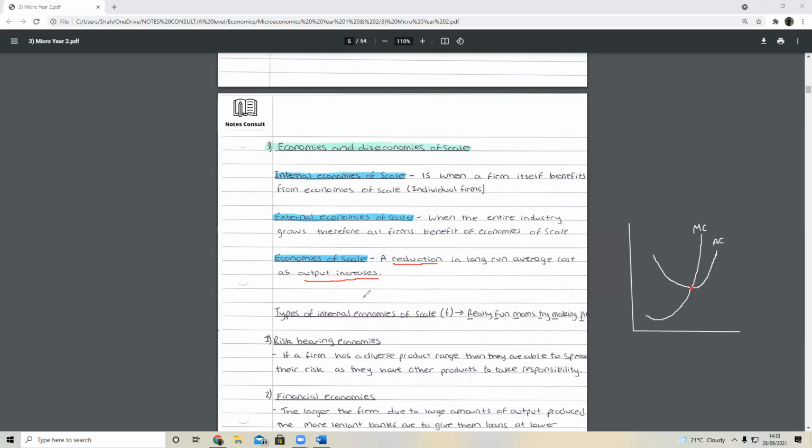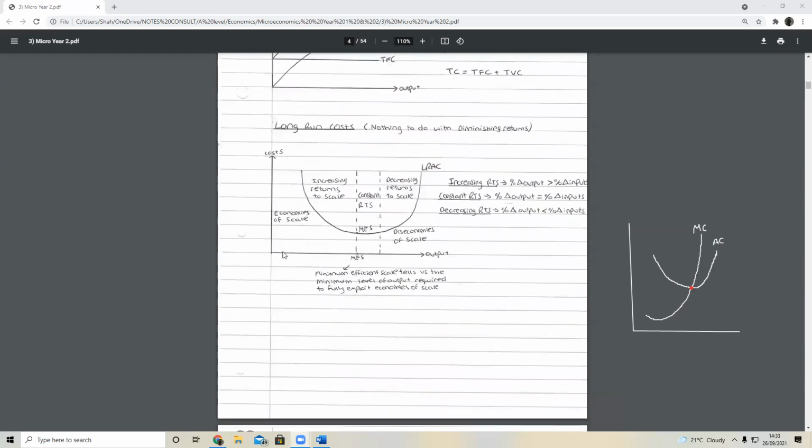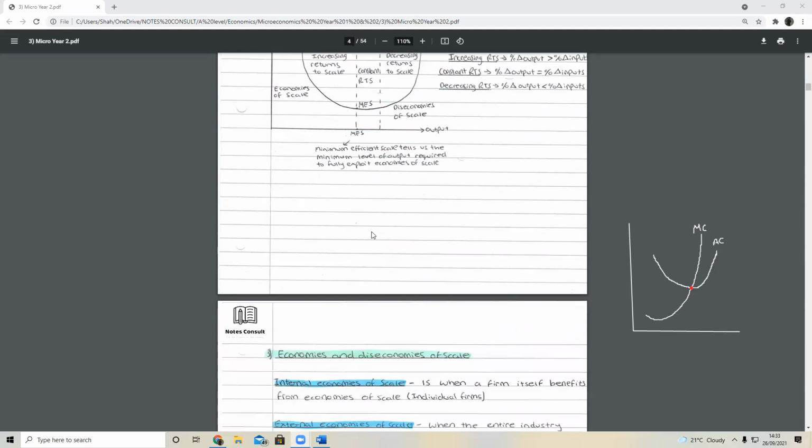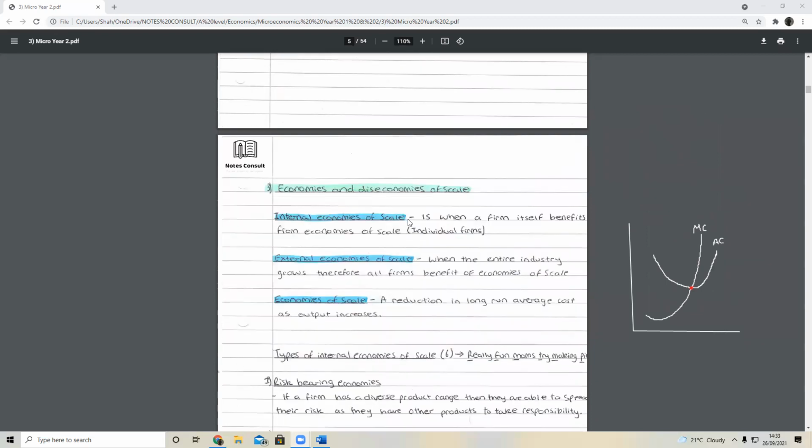That's the definition of it, and that's what we just saw here. As output is increasing, we have a reduction in long run average cost. We're going towards the MES, the minimum efficient scale, where we're fully exploiting economies of scale, which is very, very good for a business. That's what we want.